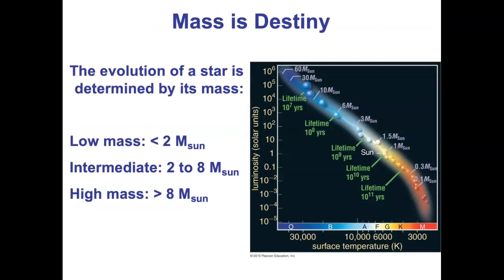This also explains why the mass of a main sequence star is its destiny. I know I was banging on about that a lot a couple weeks ago, but this is why. Because if a star is low mass, it doesn't have a very strong gravitational pull, which means gravity doesn't compress the core that much.